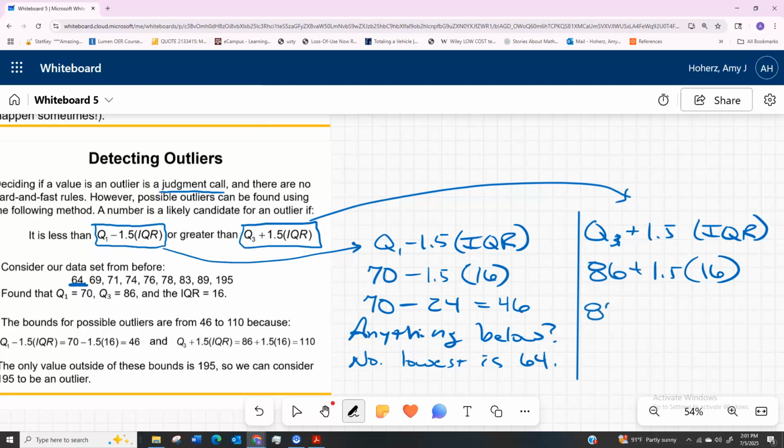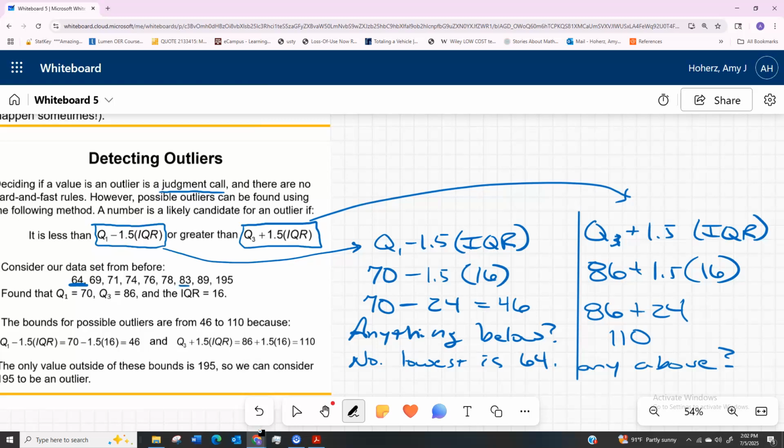And so 86 minus 24, because 1.5 times 16 is 24, that comes out to be 62. So now we want to know, since this is the upper, is there anything above... I made a mistake. Hold on. Something is wrong here. I'm not supposed to be subtracting. I'm supposed to be adding on this side. Okay, so that's 110. So is there anything above 110? And the answer is yes.